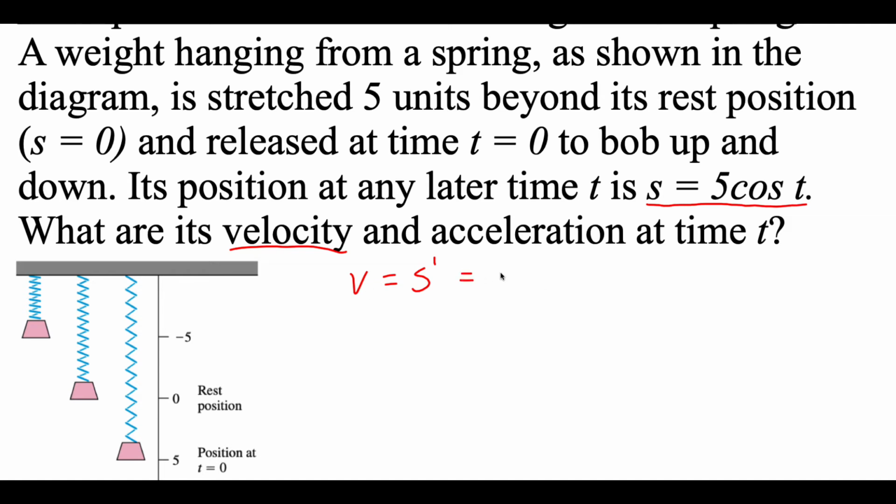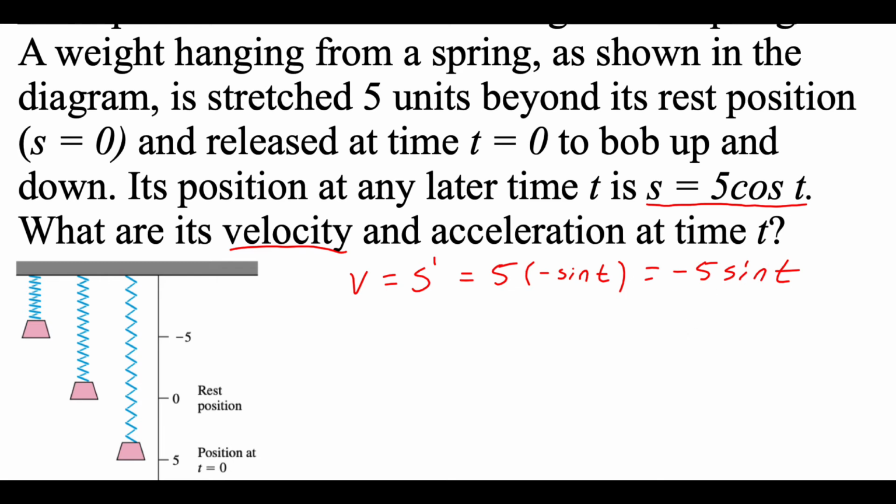The 5 stays as a constant multiplier. Then the derivative of the cosine is negative sine of t. If I multiply this 5 back in there, we can call it negative 5 sine of t. So that's our velocity function.